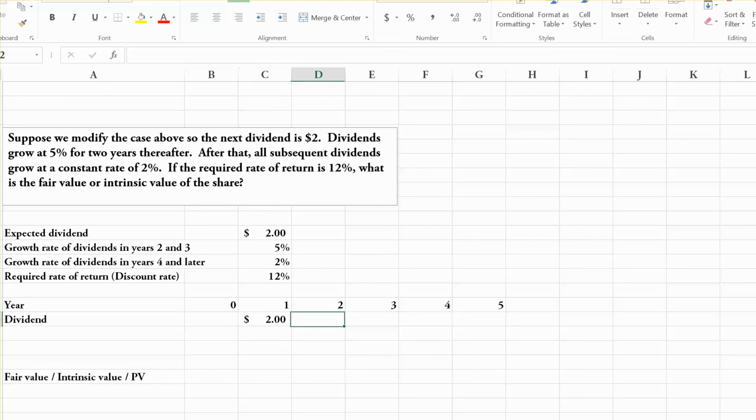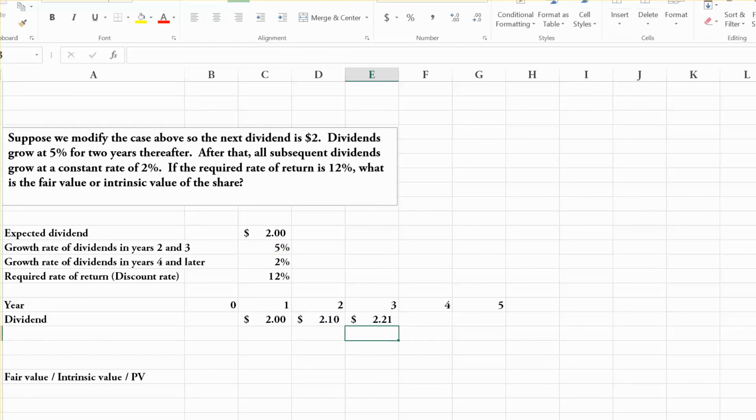So the dividend in year 2 will be higher by 5%. So it'll be this dividend times 1 plus the 5% growth rate. And then the third dividend, because it's growing at 5% for 2 years, will be this dividend times another 1 plus the same 5%.